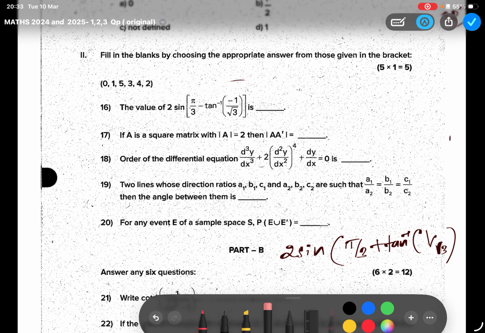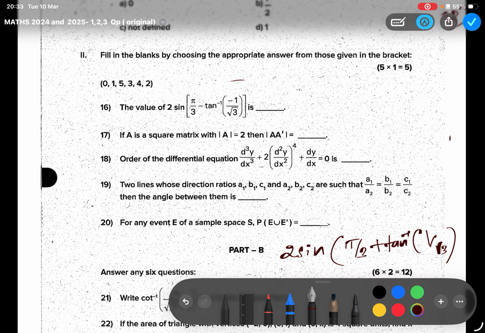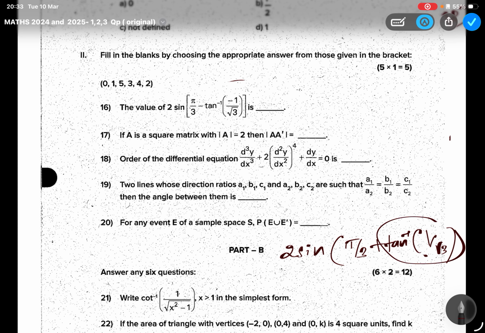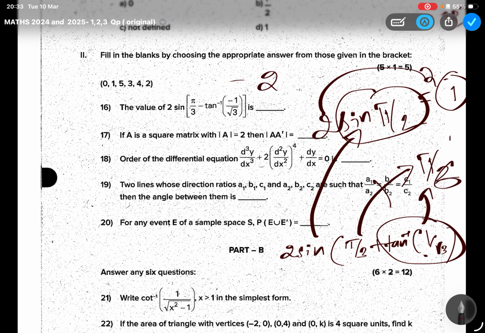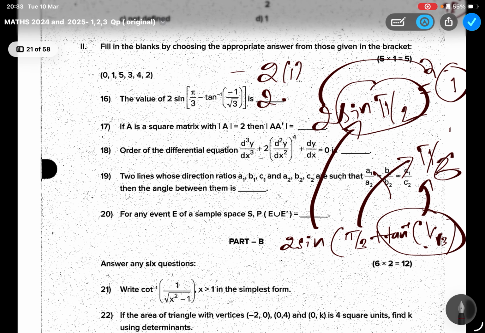Then you can write that 30 degree here. So simple. The answer for this one will be 30 degree, that is pi by 6. Pi by 3 plus pi by 6 will be pi by 2. Outside is 2, sine pi by 2 is 1. 2 into 1 is 2.